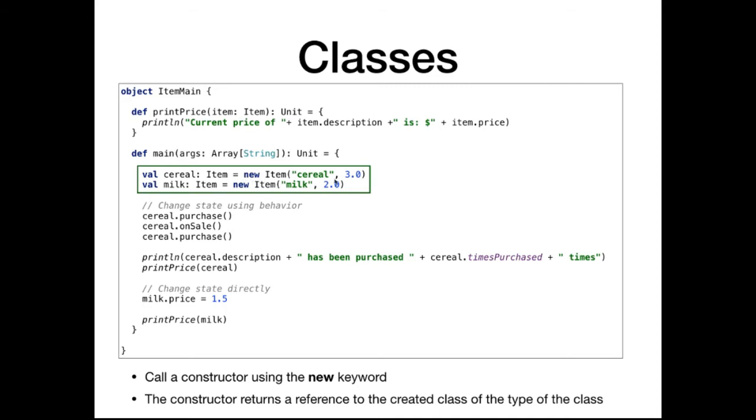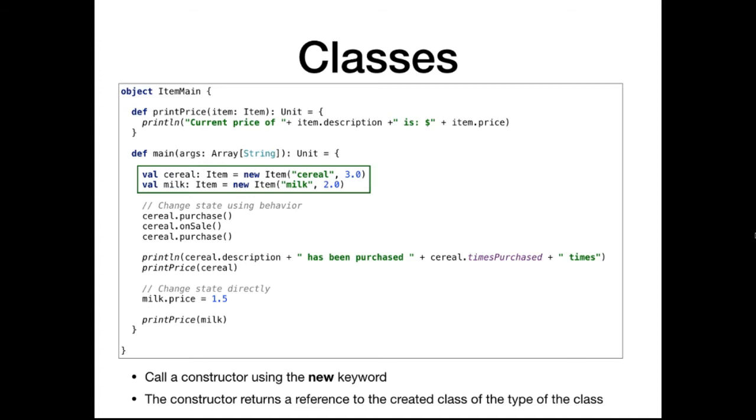So I'm creating a new item. I have an object item, and I'm storing it in a value of type item named cereal. And I'm going to create another new item, milk. I want that to cost $2 and store that in a value named milk of type item. These two items that I just created each have their own copies of the 3 state variables associated with this class.